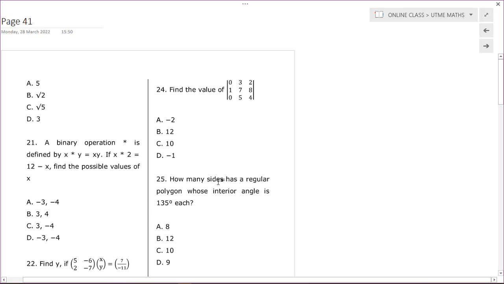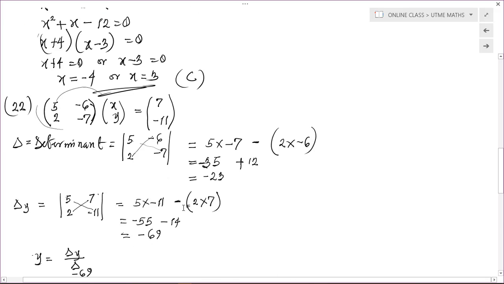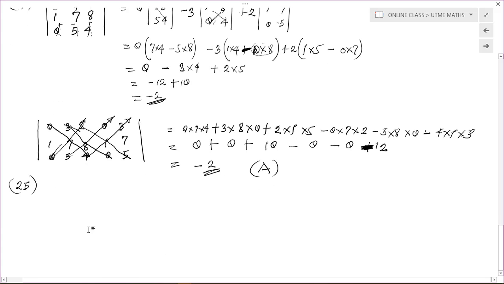How many sides has a regular polygon whose interior angle is 135 degrees each? Now, anytime you have interior and exterior angle for a regular polygon, interior angle plus exterior angle is always 180 degrees.